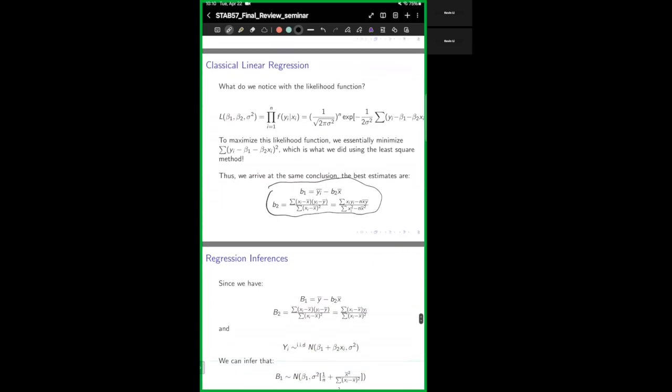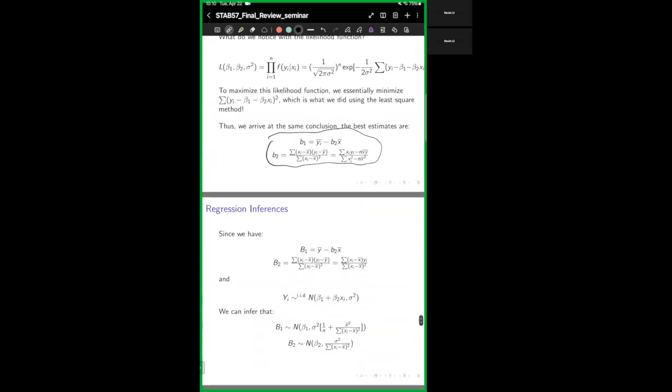Okay, since we have this, we can infer that b1 is distributed normal, where the expected value is beta1, which is the true underlying value. This one over here is what we consider our estimate. So our estimate of beta1 should be distributed normal, where the expected value is the true value of beta1 if the data were to come from a linear relationship.